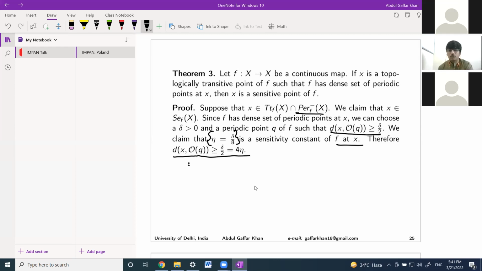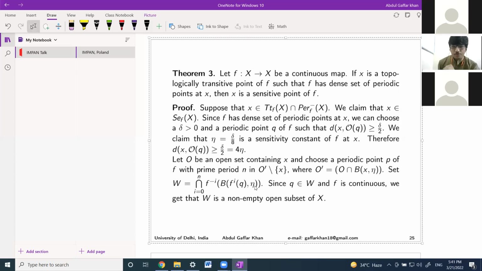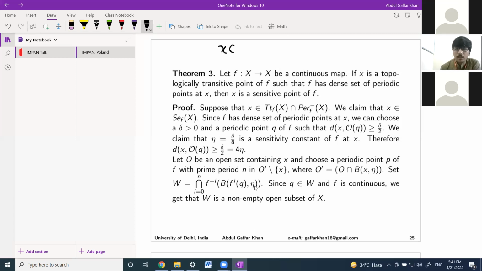The sensitive point was introduced by Auslander and Yorke, as we have quoted earlier. So to establish that, given an open set O containing x, we need to find a point z in O and n greater than 0 so that the distance between f^n(x) and f^n(z) is greater than eta. To prove this, suppose that O is an open set containing x, and choose a periodic point p of f.